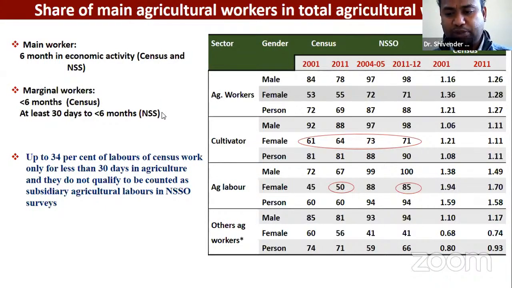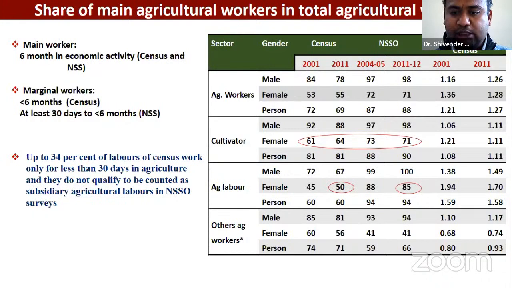But the NSS, which is a specialized survey capturing employment trends, says that a subsidiary or marginal worker should be employed for at least 30 days. If a person is employed less than 30 days in an economic activity, he will not be counted as a marginal worker. But in the census, even if he works for even 1 day, he will be called a marginal worker.